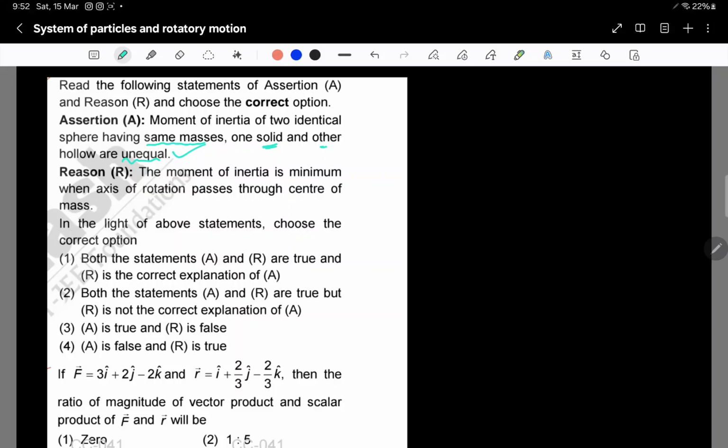Next, moment of inertia is minimum when the axis of rotation passes through the center of mass. Very important, parallel axis theorem, students. For example, consider a ring. Moment of inertia passing through the center is mr square. About any tangential axis perpendicular to the plane, I equal to I_CM plus mr square, where r is the distance from the axis of rotation. Here, because of this plus term, it is more only.